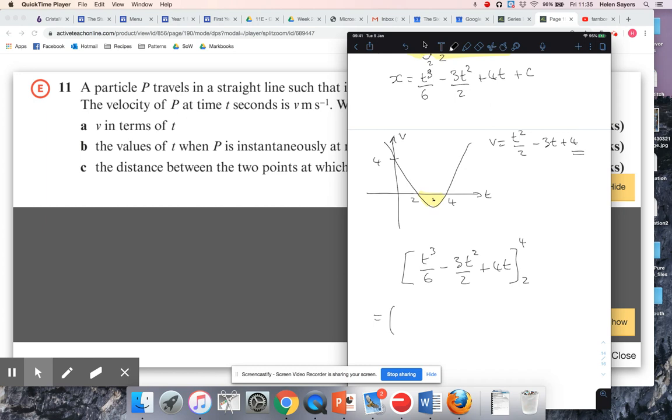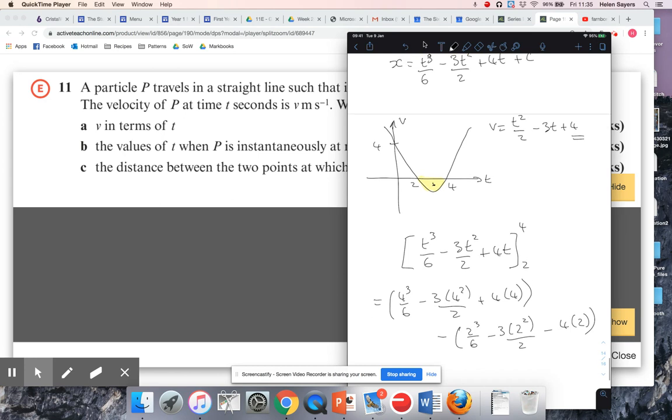positive distance. So it's going to be 4 cubed over 6 minus 3 times 4 squared over 2 plus 4 times 4 minus 2 cubed over 6 minus 3 times 2 squared over 2 minus 4 times 2. Hoping I've written that down correctly.